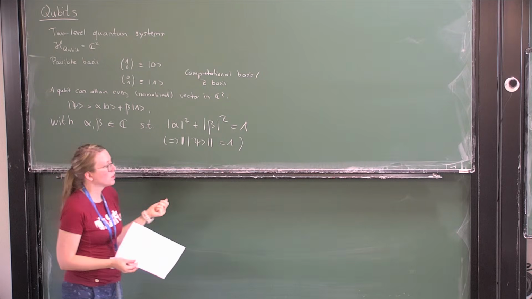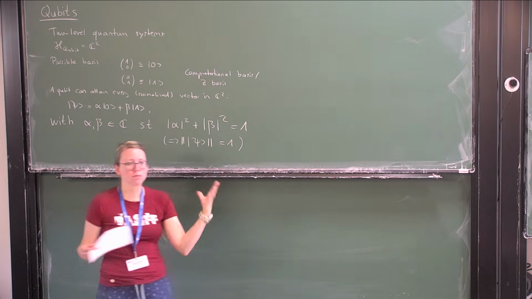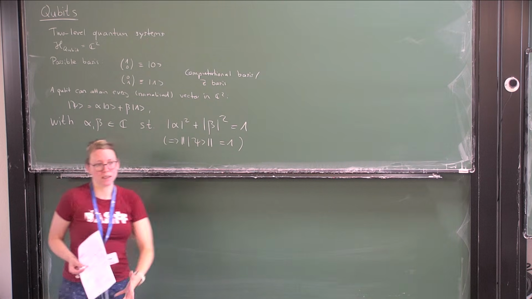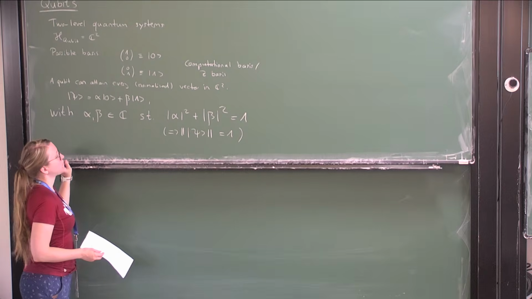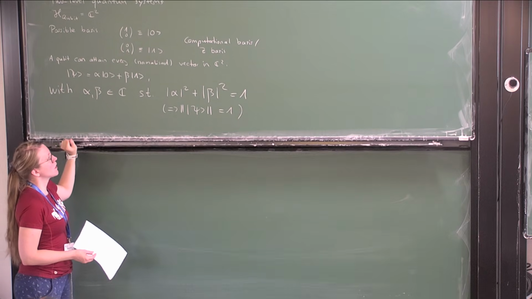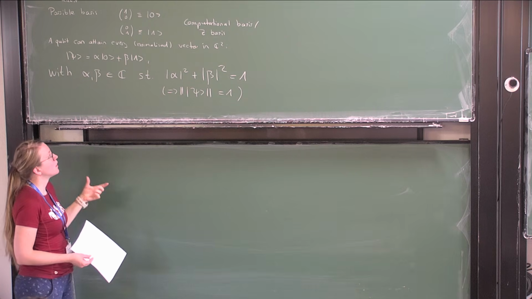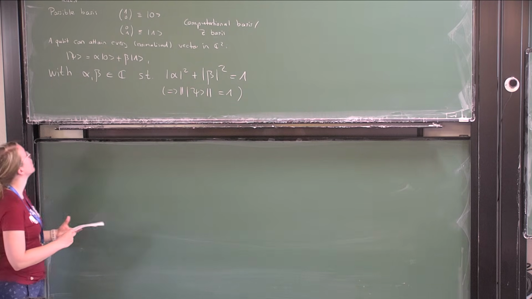But of course, you can come up with other bases for this space. In principle, you have infinitely many bases to choose from. And one other basis that we always need, which is particularly nice, is the Hadamard basis.